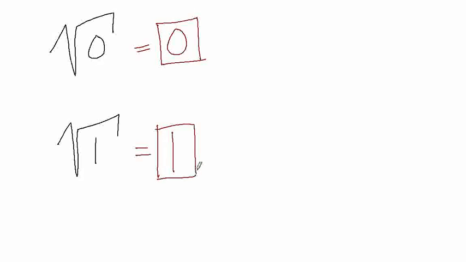All right, so the root of 0 is 0 because 0 squared is equal to 0. The square root of 1 is equal to 1 because 1 squared is equal to 1. Okay? Now, it's perfectly fine to take the root of 0 because 0 is not a negative number.